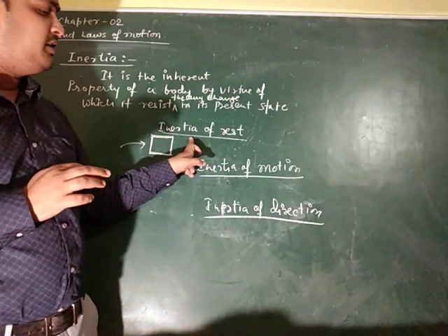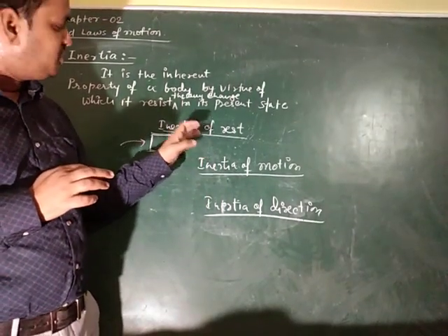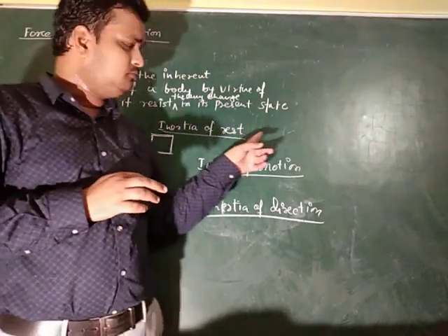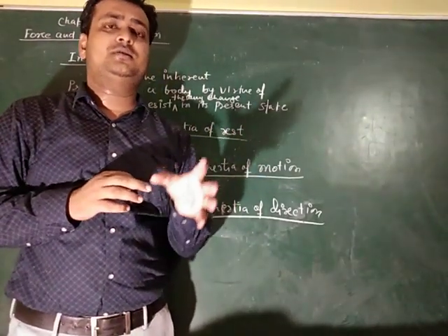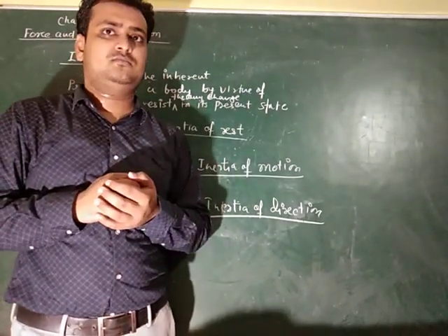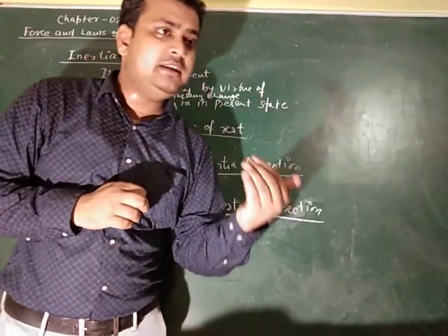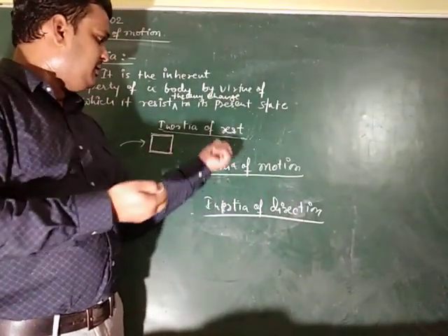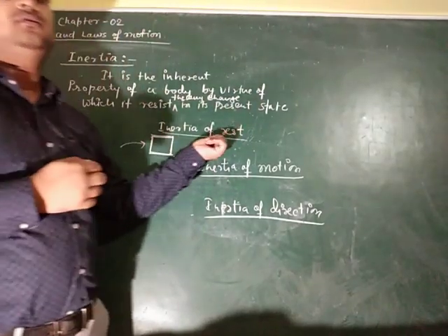And inertia of rest, what is the example of inertia of rest? Another example is, if a person is traveling in a train and the train suddenly starts, then we lean backward. In the earlier case we lean forward, in this case we lean backward.